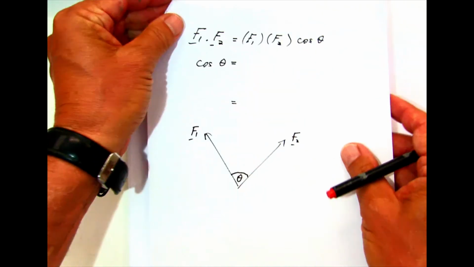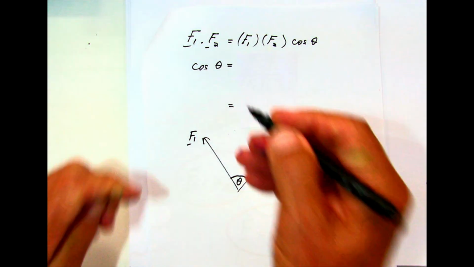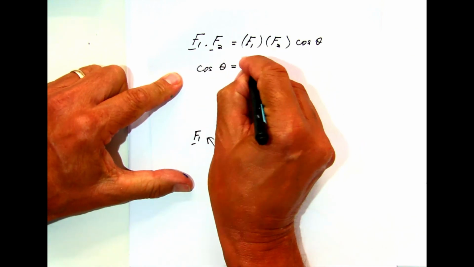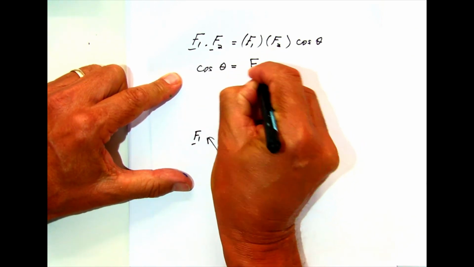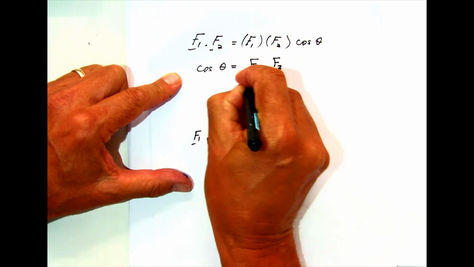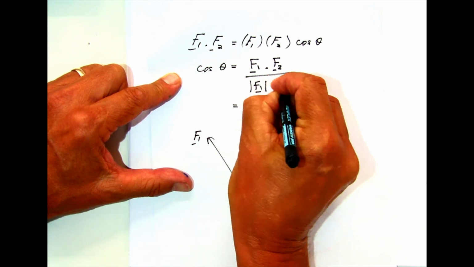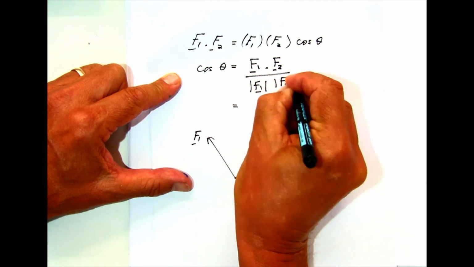The last thing I just want to say is, if I go back to this one here, there's my definition of a dot product between two forces. That means that cos theta equals F1 dot F2 divided by the magnitude of F1 times the magnitude of F2.